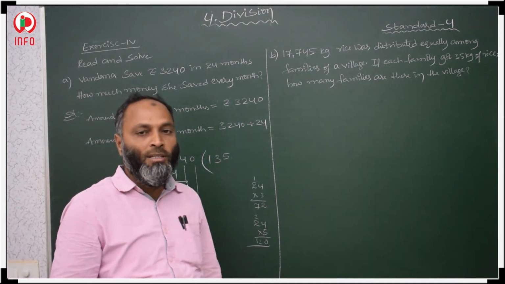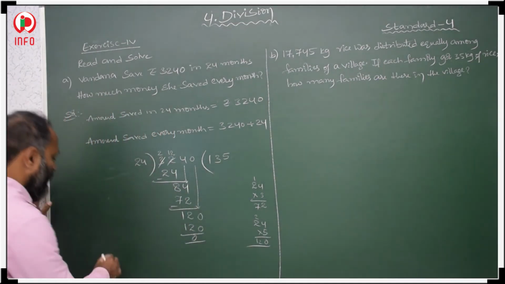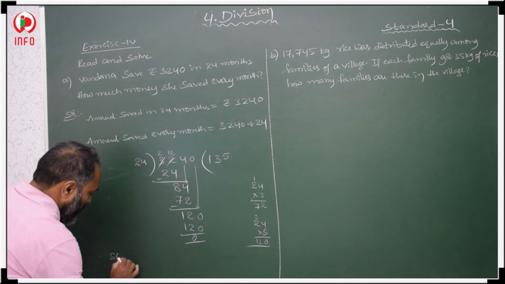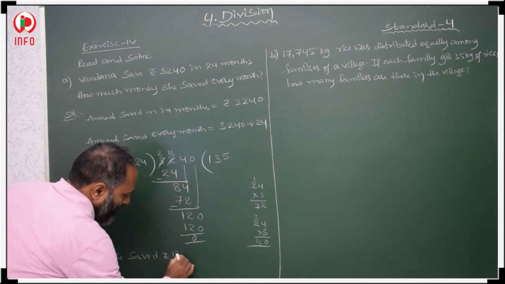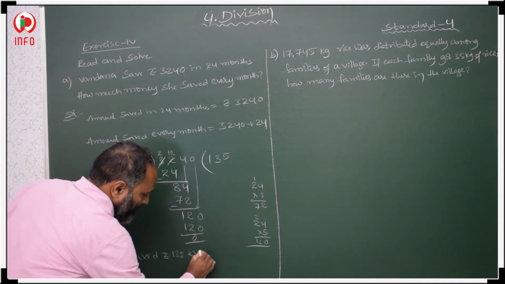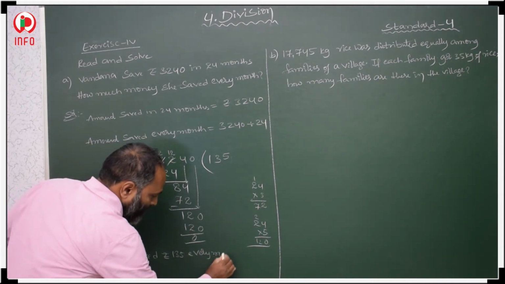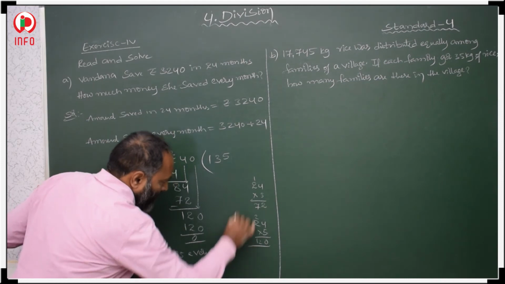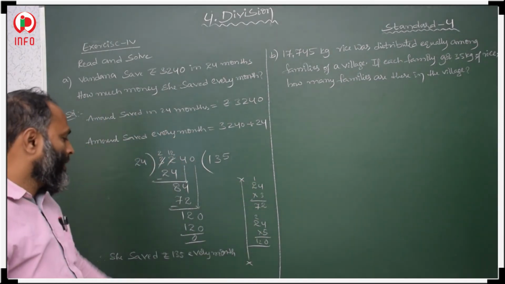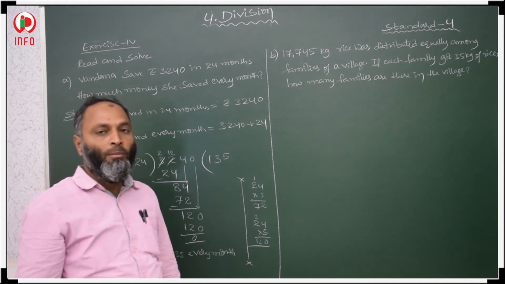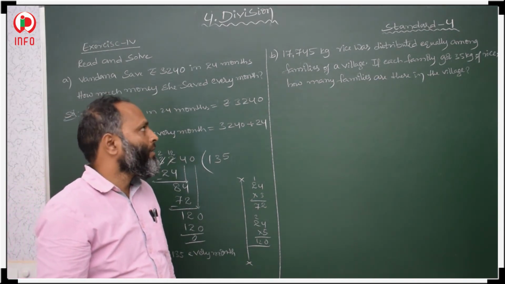Therefore, she saved rupees 135 every month. Every month, how much did she save? 135 rupees. The next question.